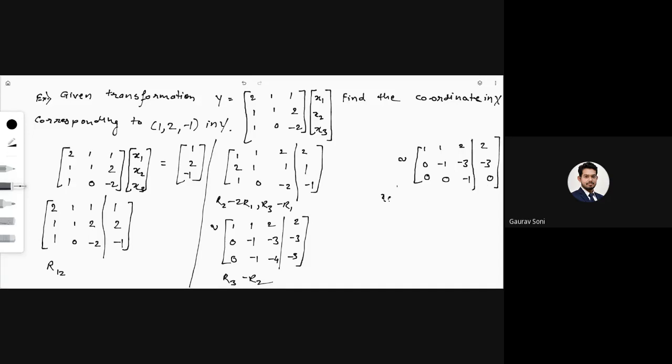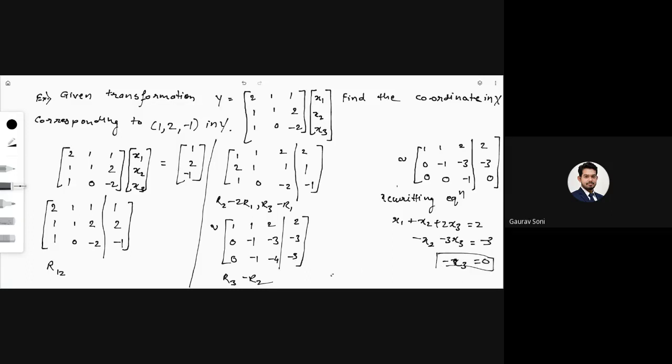Rewriting the equations, we will have: x1 + x2 + 2x3 = 2, then -x2 - 3x3 = -3, and -x3 = 0.